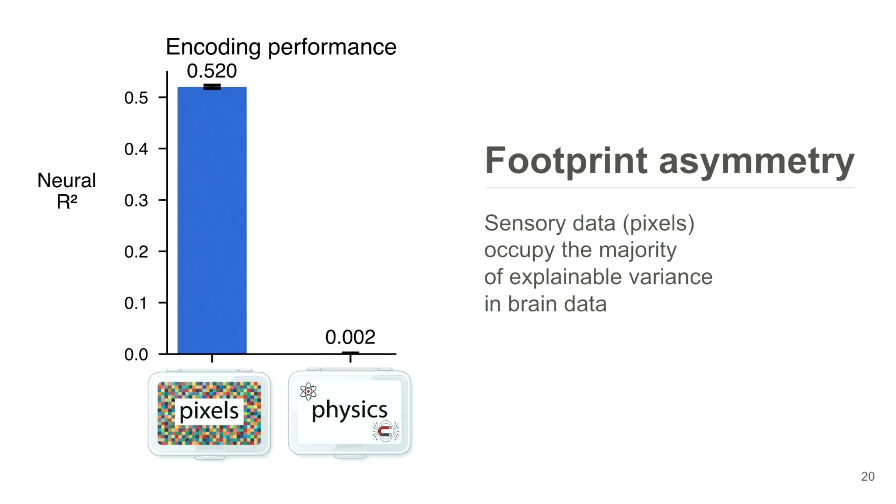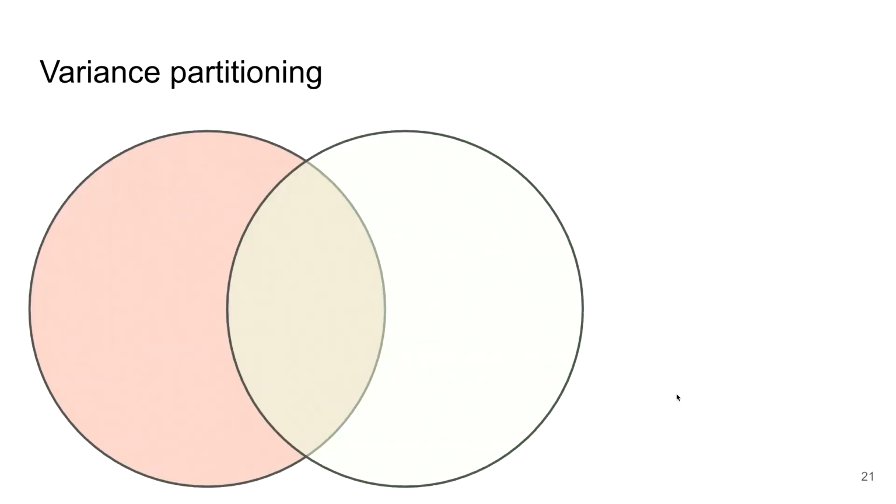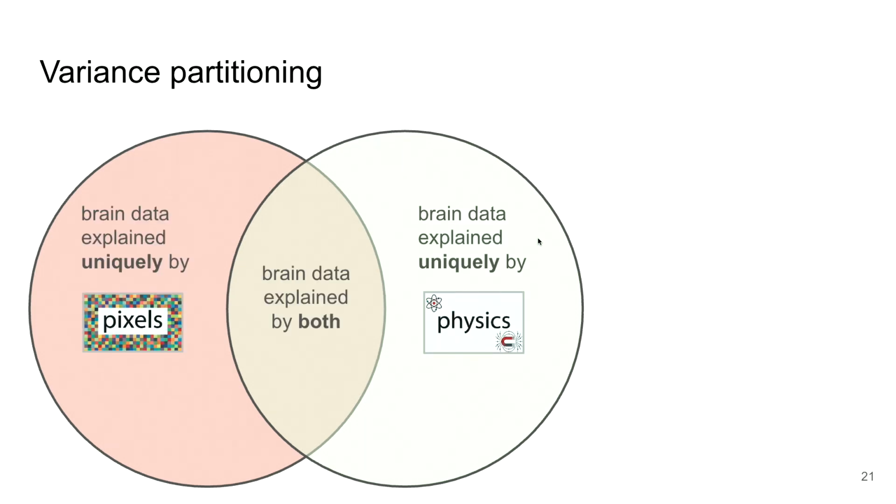While this provision looks positive, that we can explain some brain data as a function of that abstract physical quantity, again, recall that our model in practice has confounded sensory and abstract representations. So we'll control for that again by thinking about different components of variance in this brain data. Now, we're interested really in the brain data that can be explained uniquely by abstract representations.